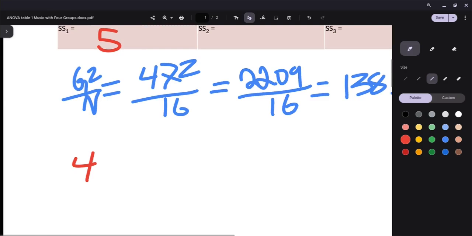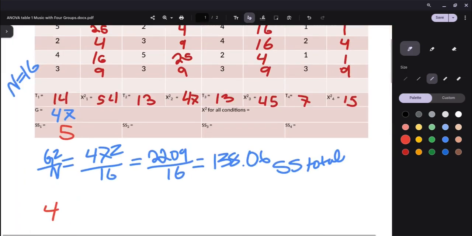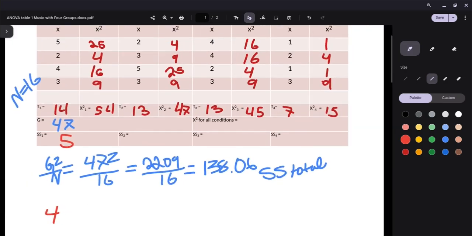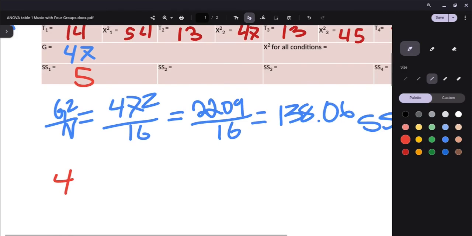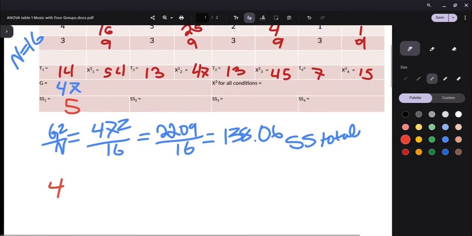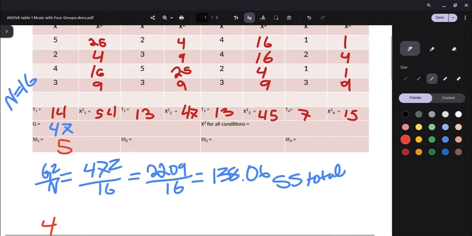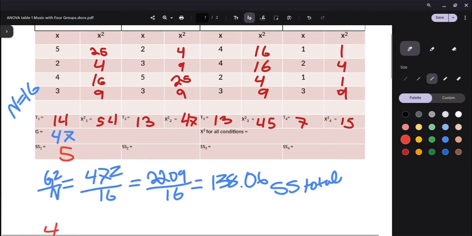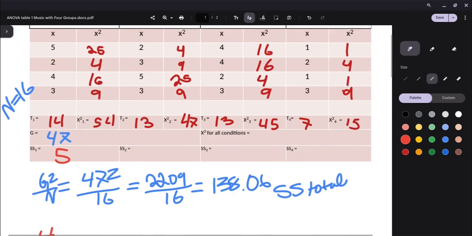So 40. What was it? Should be 40. What did I do here?